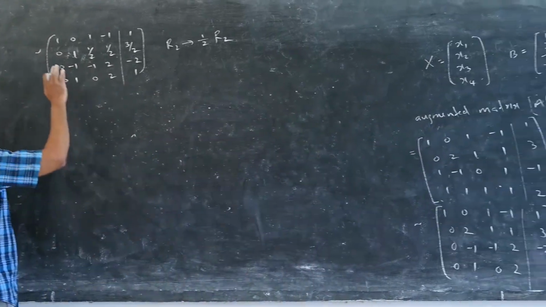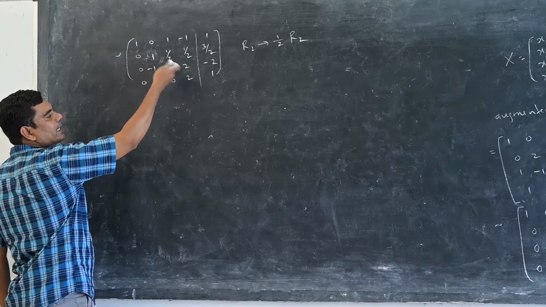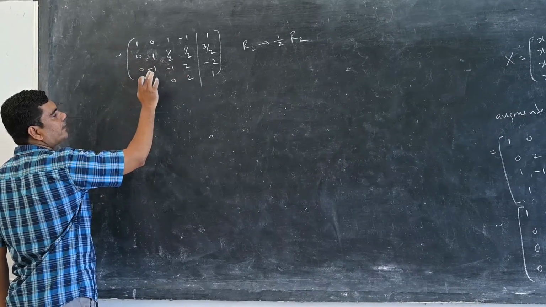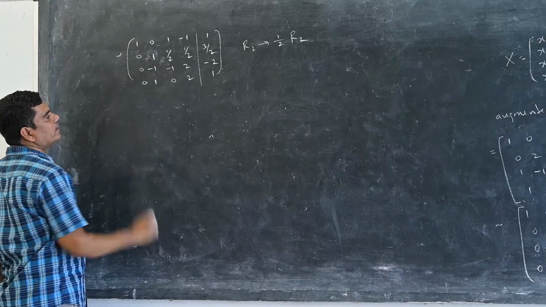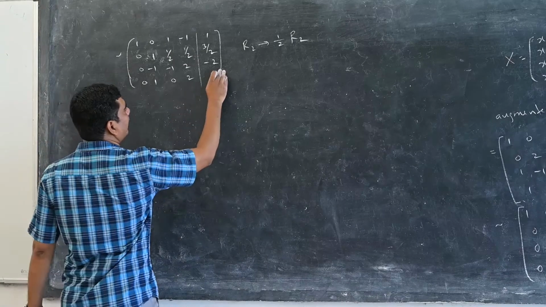Now we made this element 1, so make the other elements in that column zeros by elementary row operation, making the minus 1 and the 1 zeros.